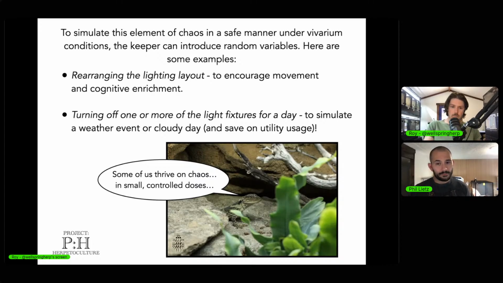So definitely. And I feel like this theme of generative chaos, or another way of thinking about it in specifically herpetocultural terms, is just pure novelty, right? Novelty in all its forms. In this case, we're talking about ways to use lighting to generate novelty as well as sufficient care minimums, right?